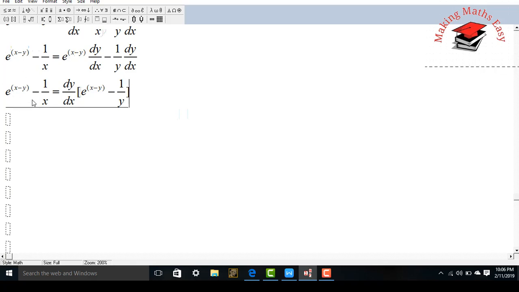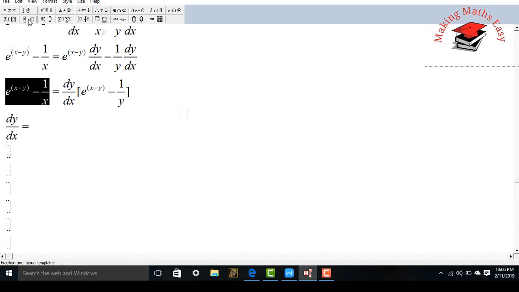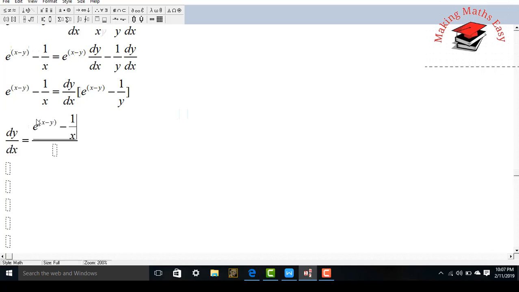And then we have to do one thing, divide this function by this, and we can calculate the dy by dx. So my dy by dx, or the final answer, will be equal to this function divided by this function. So this will be the final answer.